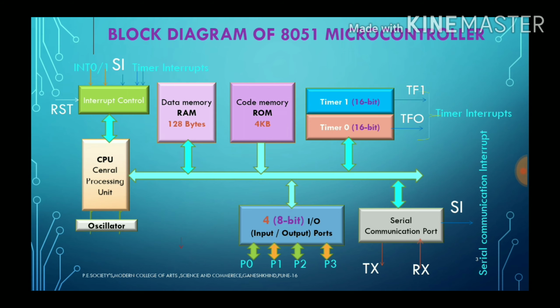So an oscillator is also implemented on the chip of 8051. The oscillator is a semiconductor part. Along with this, we also need a crystal connected to the oscillator, which cannot be implemented on the chip, and that's why we can see two connections out of the 8051 where the crystal can be connected. XTAL1 and XTAL2 are the two pins available to the external circuitry where the crystal can be connected.